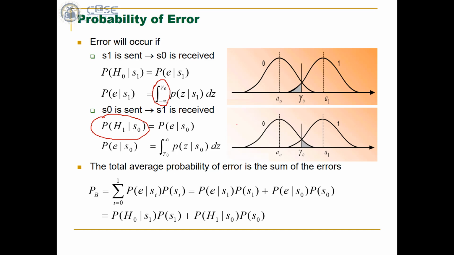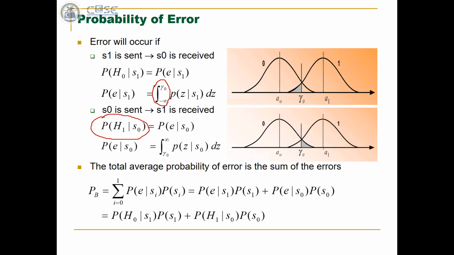Now if you see this figure 2 there, the shaded portion marks all such error events in which the likelihood function of received signal Z given signal class S0 is smaller than the likelihood function of received signal Z given signal class S1. You can see here in the gray portion, the tail of the first likelihood function is having smaller values compared to the likelihood function of signal class S1, right?